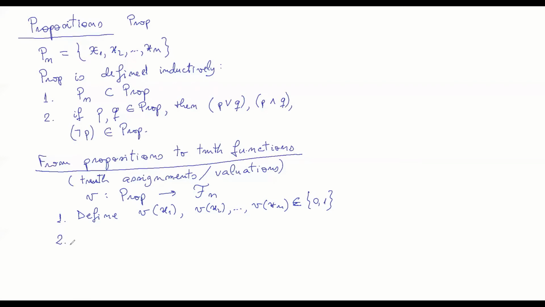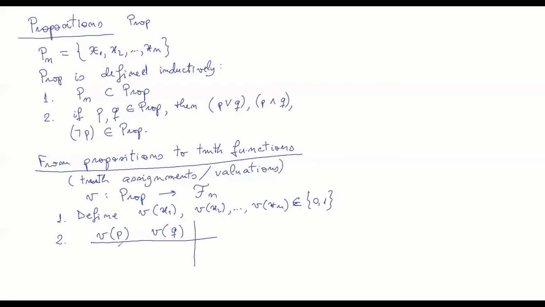And once we have this, we think about what the valuation was that we defined in a previous step for these two propositions in the induction step. So what's the valuation of P and what's the valuation of Q?